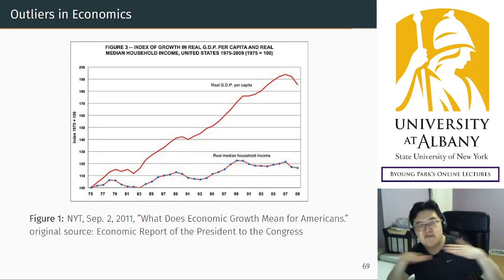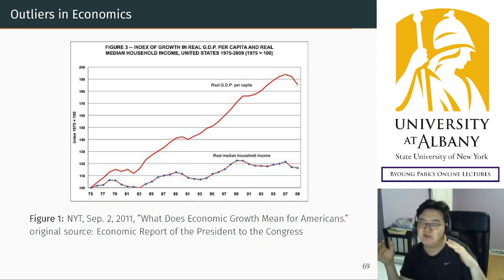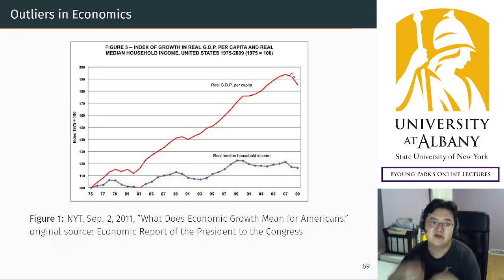However, the average, typical households did not grow that much. They grew only 10%, 20%, but the super rich take all the additional growth. They take the benefit of growth. So this is a shocking difference between the mean and the median. As an economist, you should keep this in mind. Comparing the mean and the median may show a big difference, and usually the interpretation is the outliers. There are outliers who are super rich.